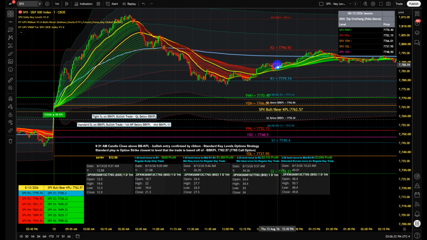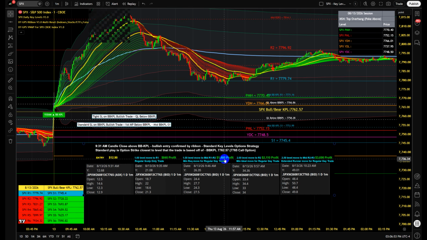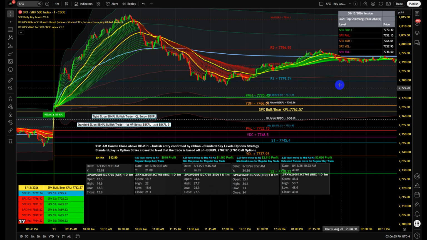When it hits the mid R1, R2 level, that's the 1.5 level move. That's the minimum required level move for a regular day trade. That happens at 9:46 a.m. on this candle here. The bid at that time on the candle close of the 9:46 a.m. candle, 27.5. That's a profit of $1,460 per option.